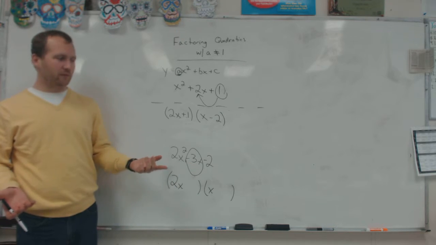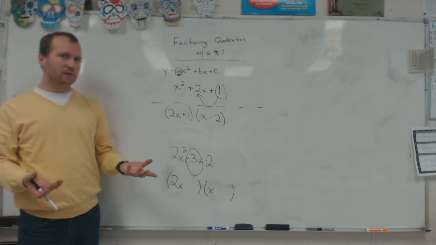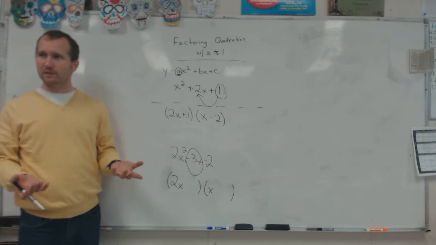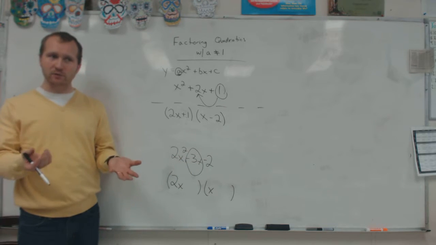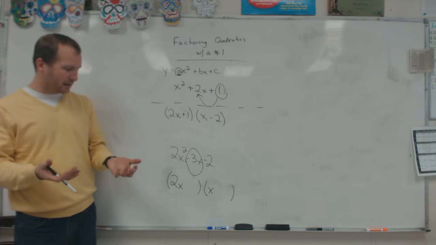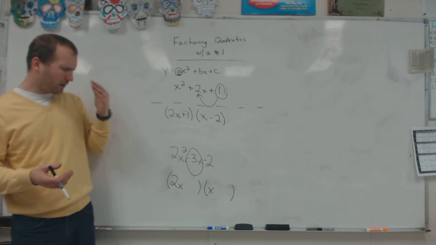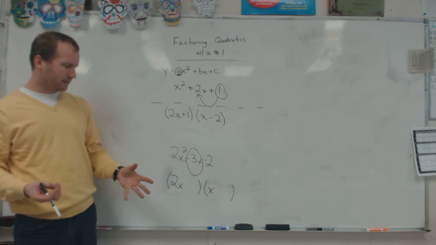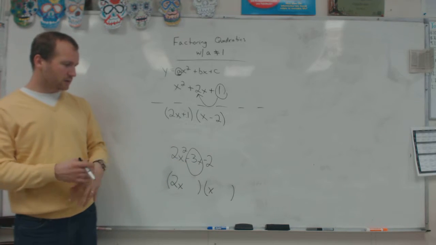And actually, if it's negative 2 here, there's only really 2 ways to make that. 1 and negative 2, or negative 1 and 2. And so you just have to think in your head and figure out, well, how am I going to get negative 3 out of those two numbers?